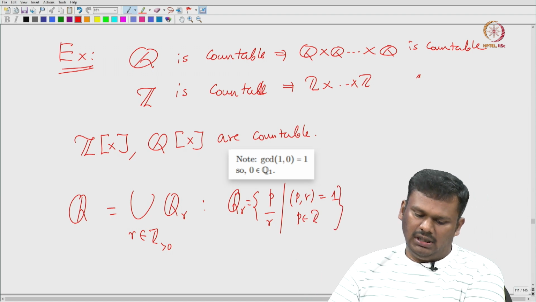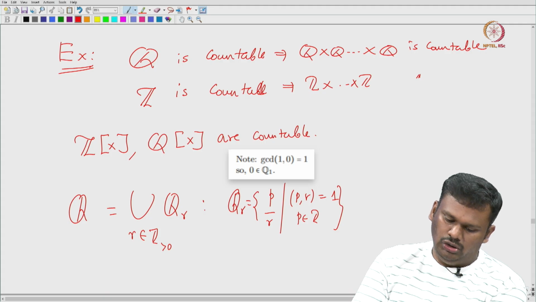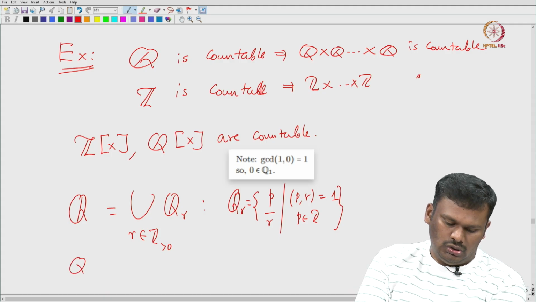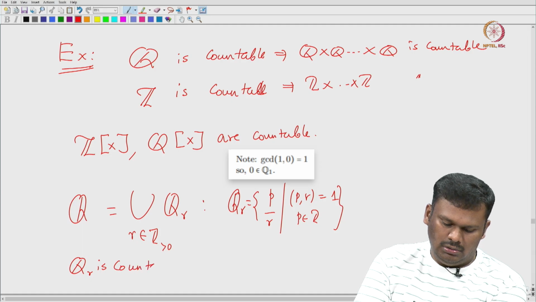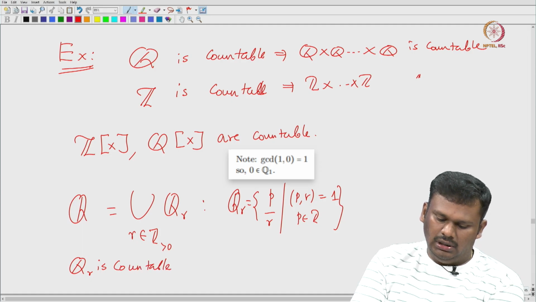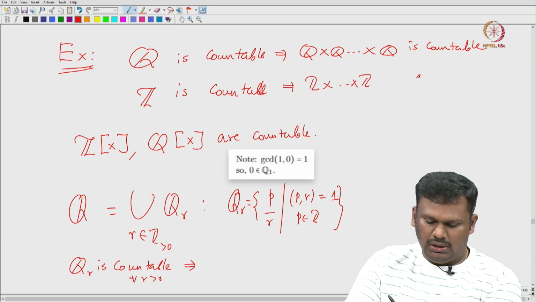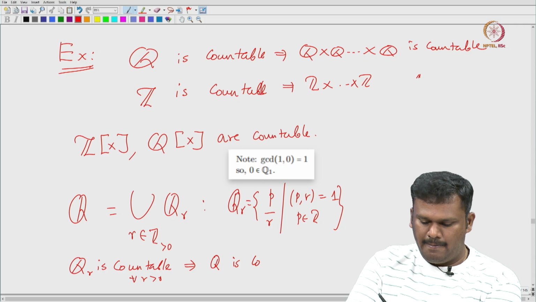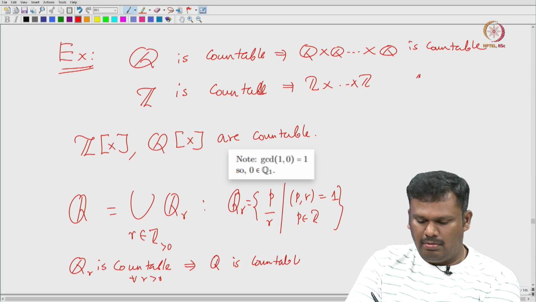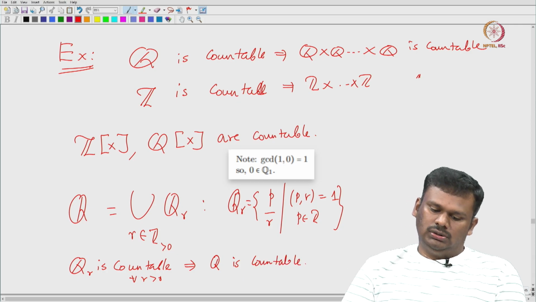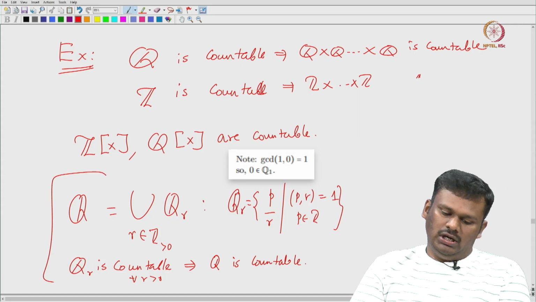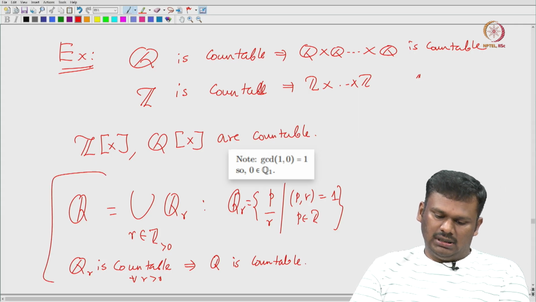Now it is not very hard to see that each individual Q_r is countable, and that would imply that Q is countable.